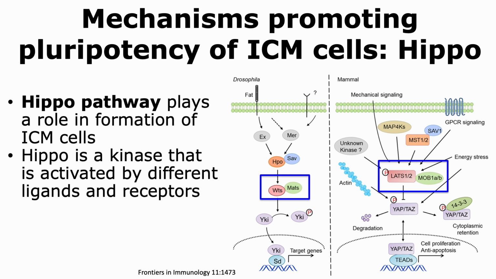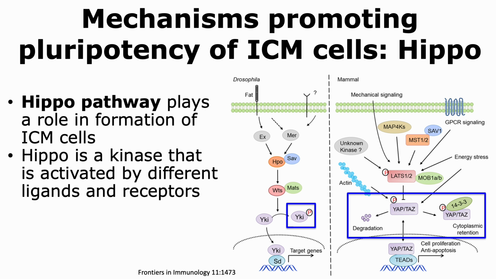These protein targets will ultimately phosphorylate the Yorkie protein in the case of Drosophila, or the YAP/TAZ protein that's present in the mammalian system. Phosphorylation of either Yorkie or YAP/TAZ promotes its cytoplasmic retention or, in some cases, can mediate its degradation, especially in mammalian systems.